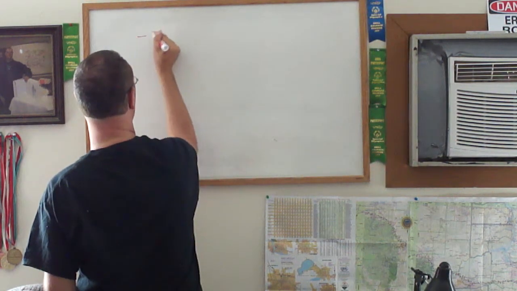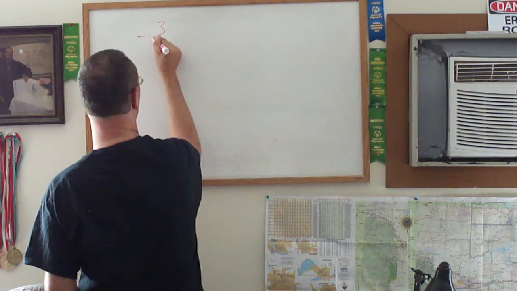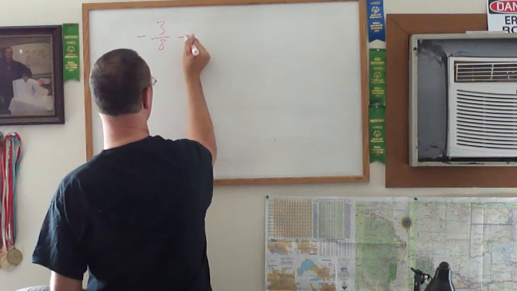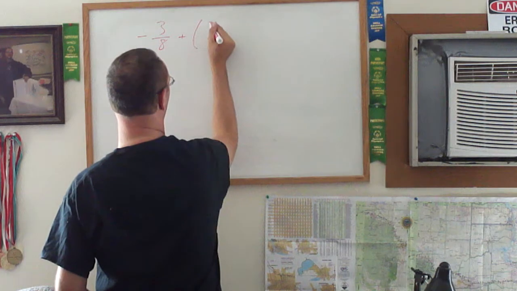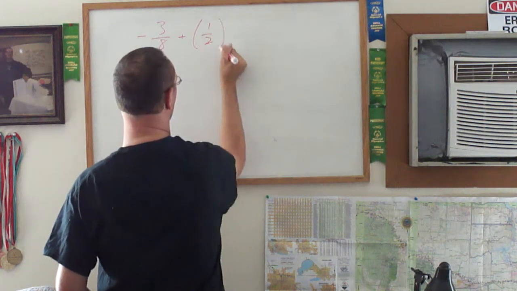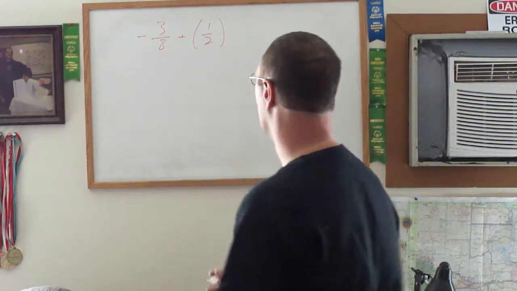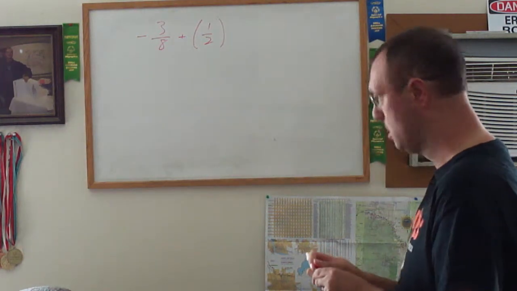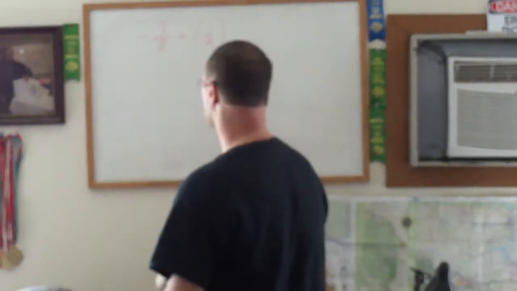So let's go with negative 3/8 plus 1/2. Common denominator is 8, right?